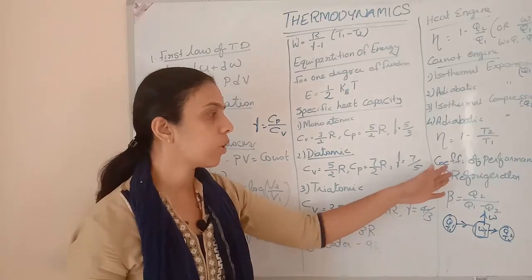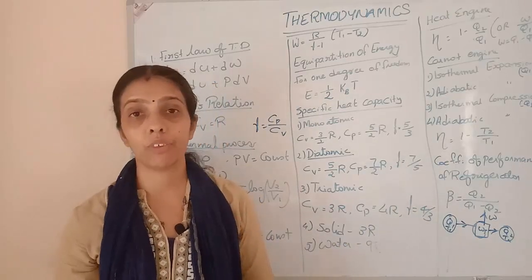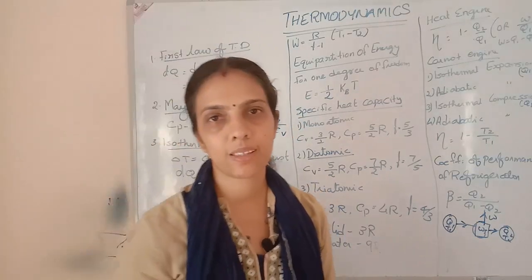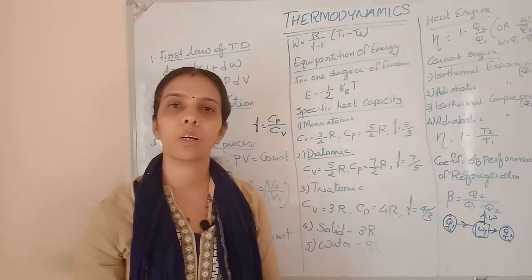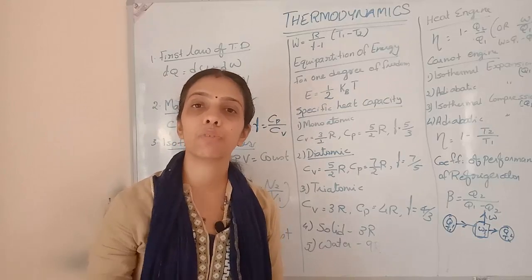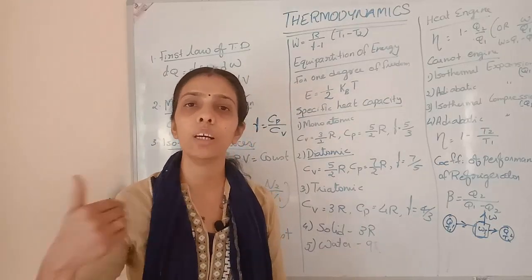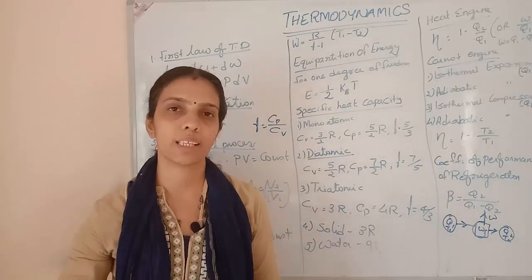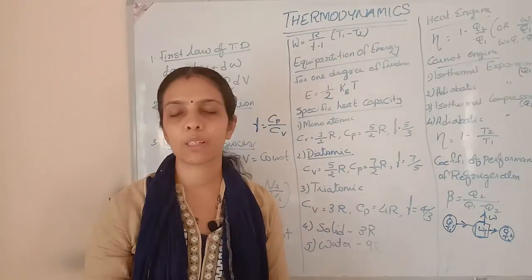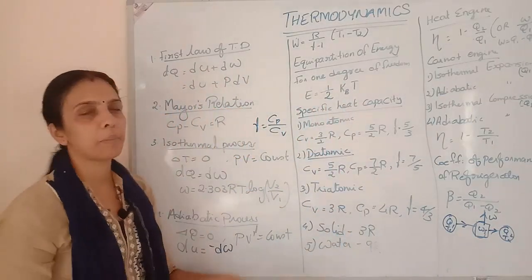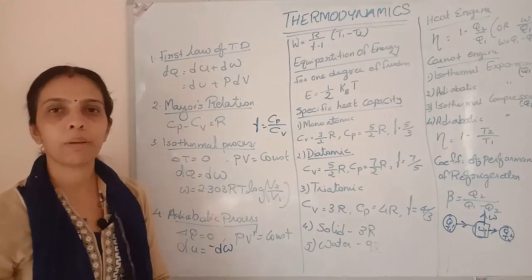In the second law of thermodynamics, no process is possible whose sole result is the absorption of heat energy from a cold body to a hot body. There is the Kelvin statement and the Clausius statement, so please learn those two statements by heart. These are the major topics under thermodynamics.